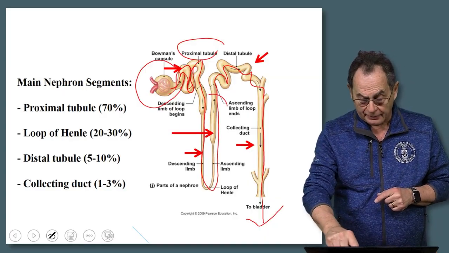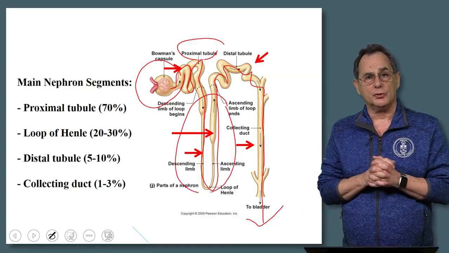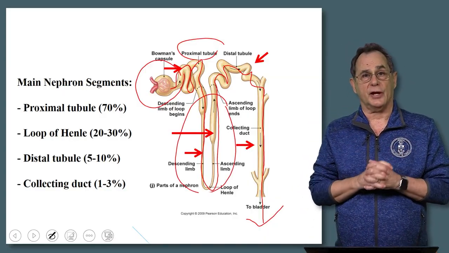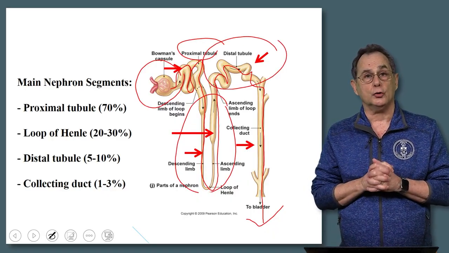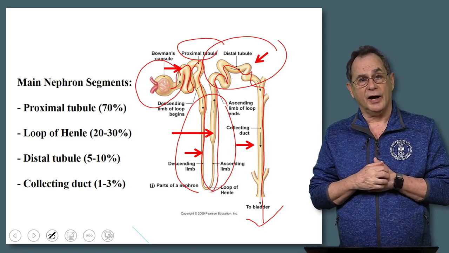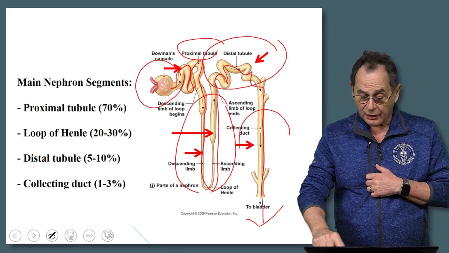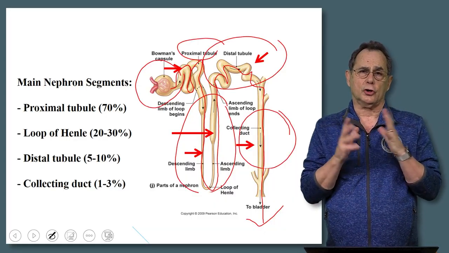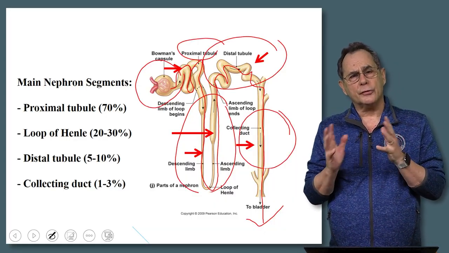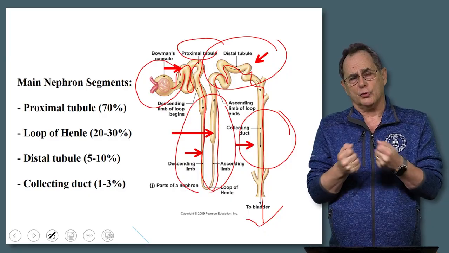The loop of Henle collectively reabsorbs about 20 to 30%. The distal nephron, the distal convoluted tubule, about 5 to 10%. And then the collecting duct is really where the fine-tuning of sodium excretion occurs, where about 1 to 3% of the filtered load is reabsorbed.